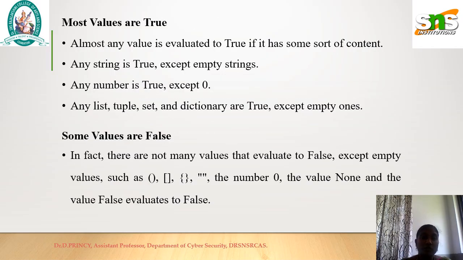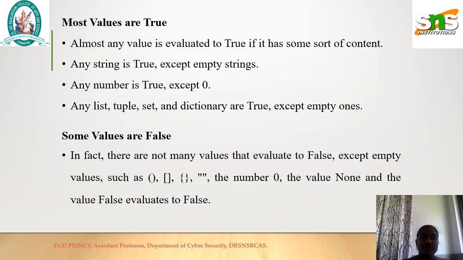Generally, most values are true, some values are false. So how can we evaluate? Almost any value is evaluated true if it has some sort of content, that is, there is a value in it. Any string is true except the empty string. If a number is not 0, the value is true.